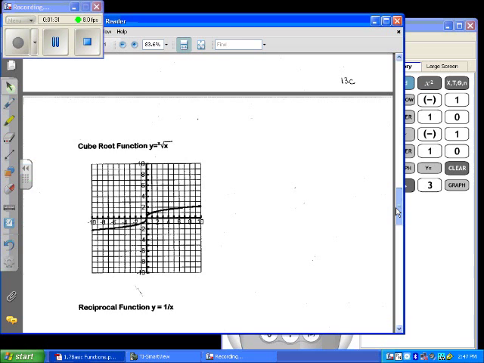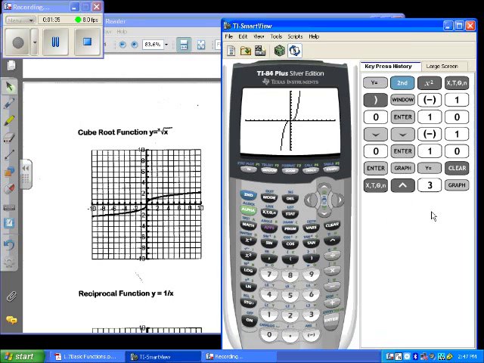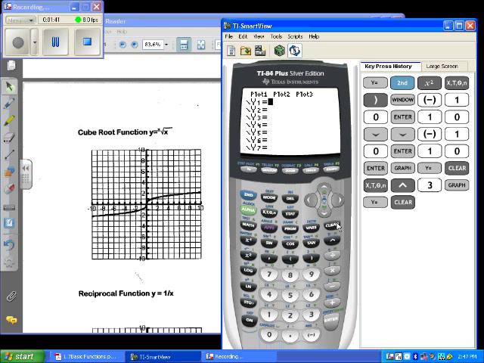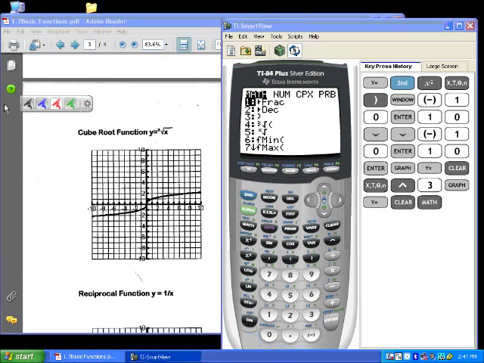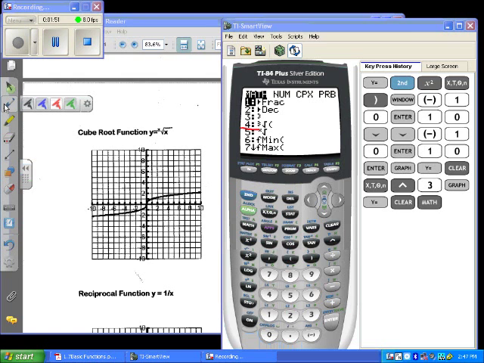Okay, the next one is a cube root function. This one's a little bit more difficult to put in the graphing calculator. So I'm going to hit y equals. I'm going to clear this out. The cube root function is located underneath your math key, which is right here. So I'm going to hit math. And if you look, I'm going to circle it here. This is the cube root function.